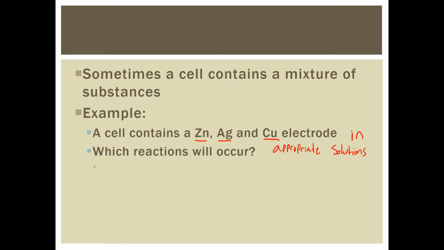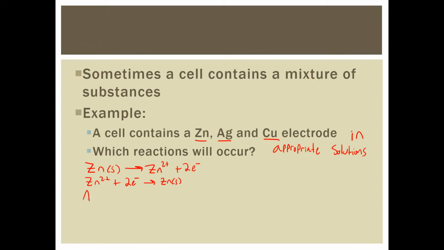In the zinc portion of the cell, you would have the following reactions. You'd have the oxidation of solid zinc, that'd be one possible reaction. You could have the reduction of zinc because it would be in a zinc solution, that'd be one other possible reaction.